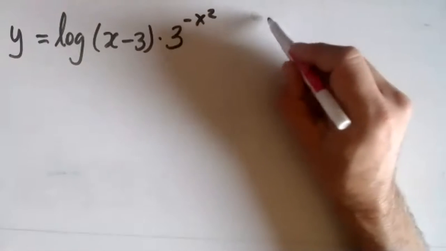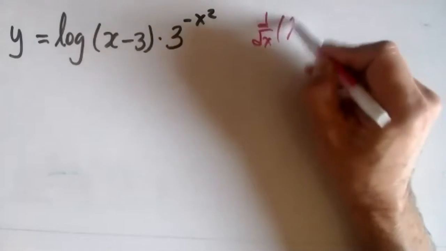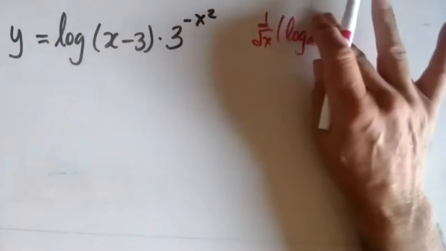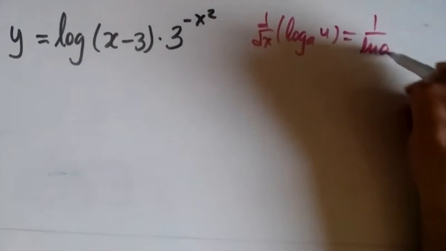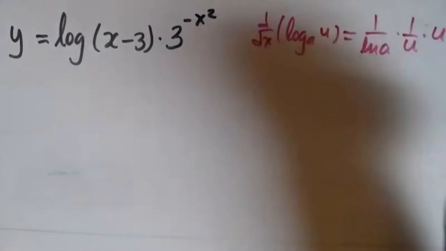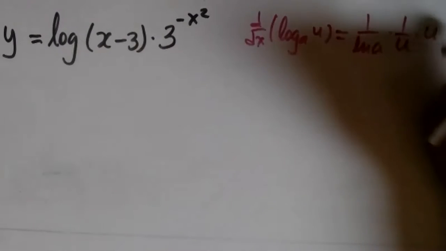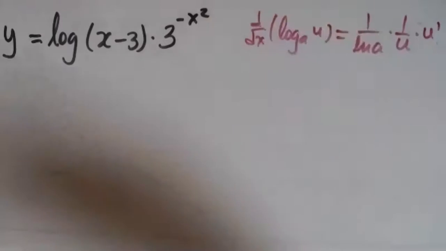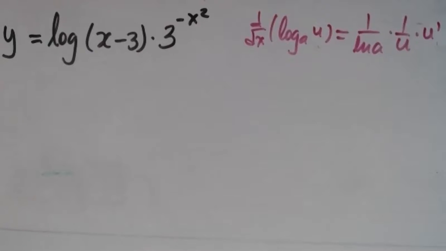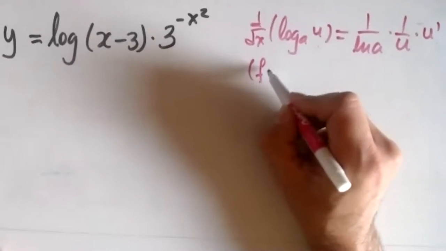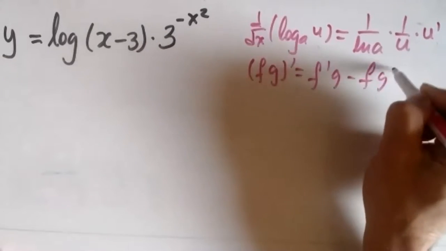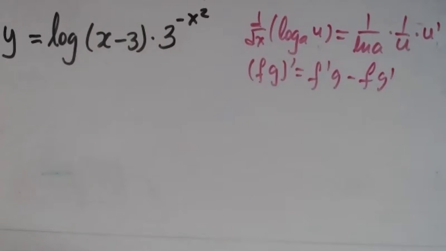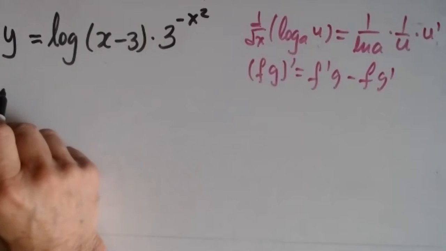So again, my formula to use, okay, the same formula, u prime. Now, this is a product, so again I have to use the product rule, f prime g plus f g prime, correct?